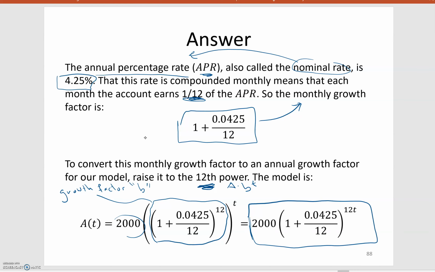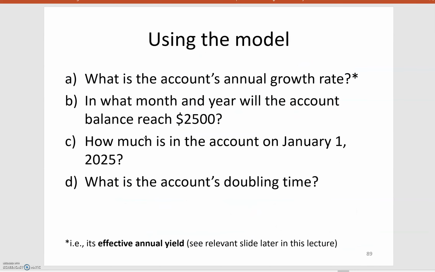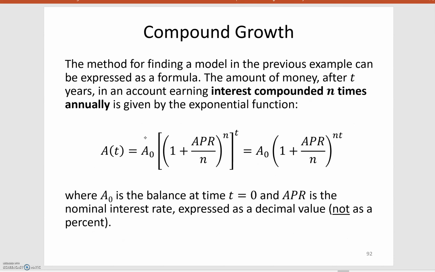So we can generalize this idea. I'm going to go ahead to the slide in which we do that and look at the general compound growth formula. So this is a big one. This is very important for exponential modeling, for financial stuff. So here it is. The amount of money after T years in an account earning interest compounded N times annually.